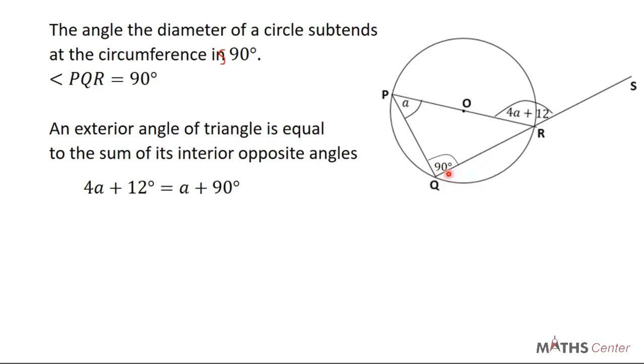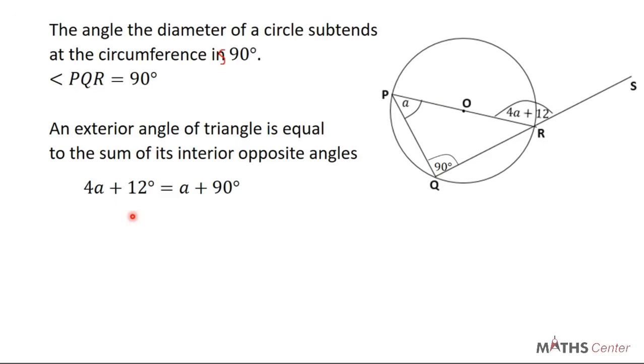What this means is that 4A plus 12 degrees is equal to A plus 90 degrees. In the video on the properties of triangles, we explain this interior opposite angles and exterior angle property in detail. So if you are a bit confused, go and watch that video and it will make things clear.